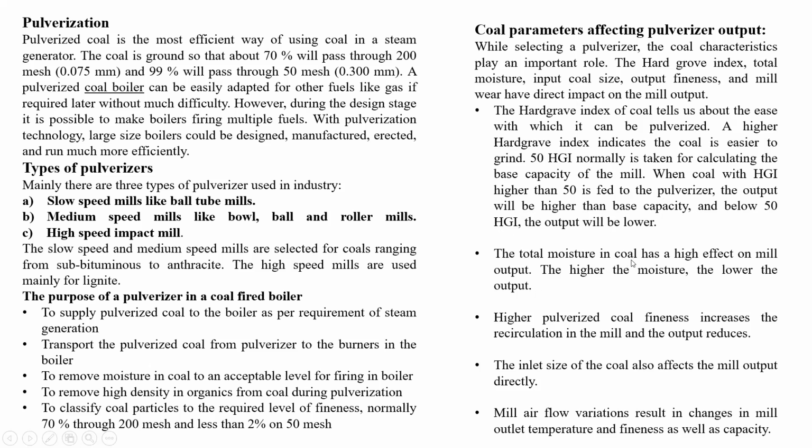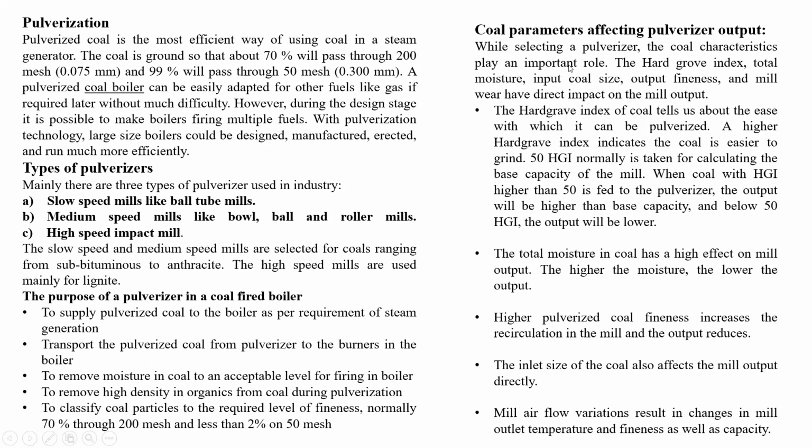The total moisture in the coal has a high effect on mill output. The higher the moisture, the lower the output. Higher pulverized coal fineness increases the recirculation in the mill and the output reduces. The inlet size of the coal also affects the mill output directly. Mill airflow variations result in changes in mill output temperature and fineness as well as capacity.